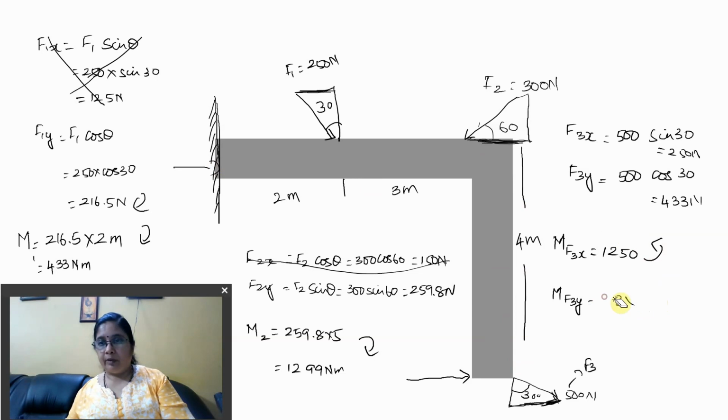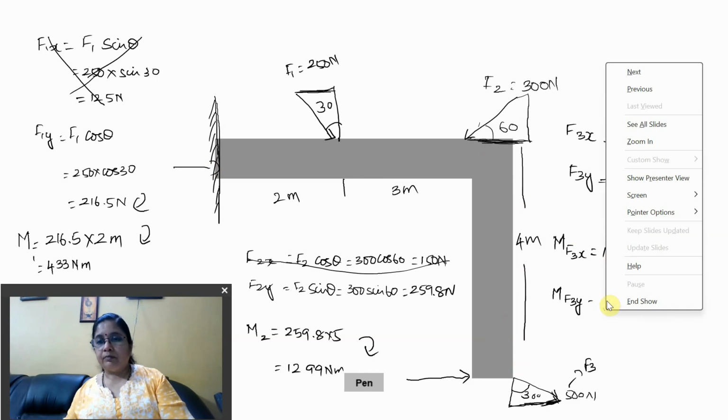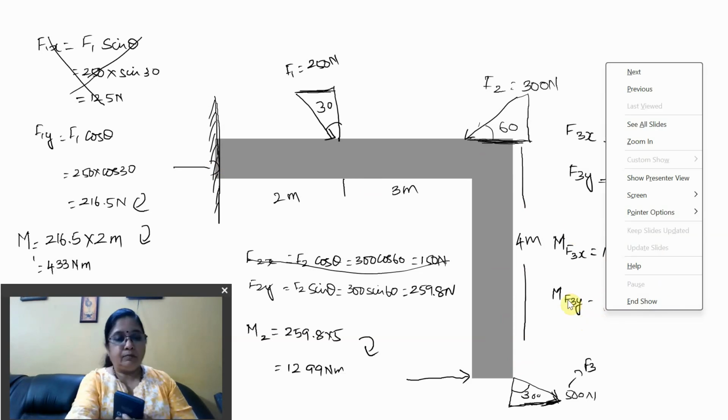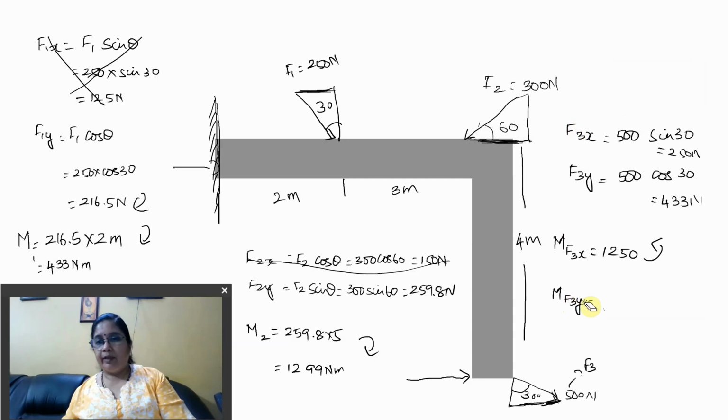Give me a minute. So, what is the answer? I'm going to have here 1732. This is also Newton meter, and this is also in the clockwise direction.